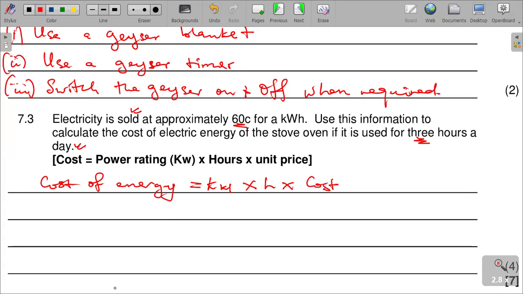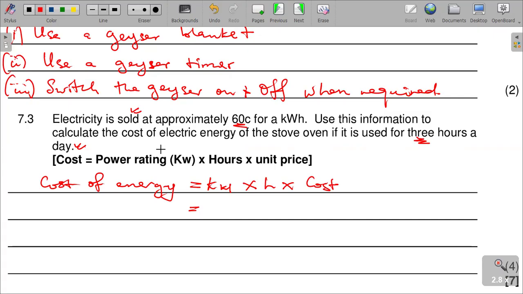So we go down: calculate the cost of electric energy of the stove oven if it is used for 3 hours a day.